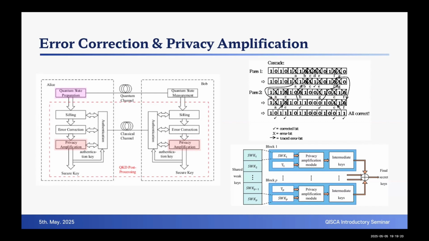That's why we use a second step called privacy amplification. This step also uses classical processing to reduce Eve's possible knowledge, typically by shortening the key through operations like exclusive OR. The final result is a shorter but secure key.